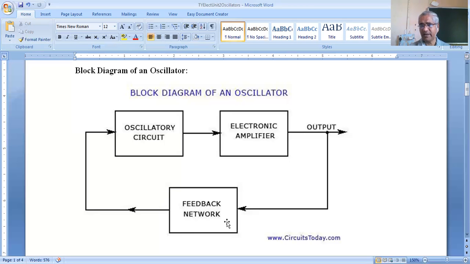So this is the feedback network. The feedback network takes some part of the output and feeds back to the tank circuit. Why? Because the oscillations produced in the tank circuit are damped oscillations. They are not sustained oscillations, but we want sustained oscillations of constant amplitude.